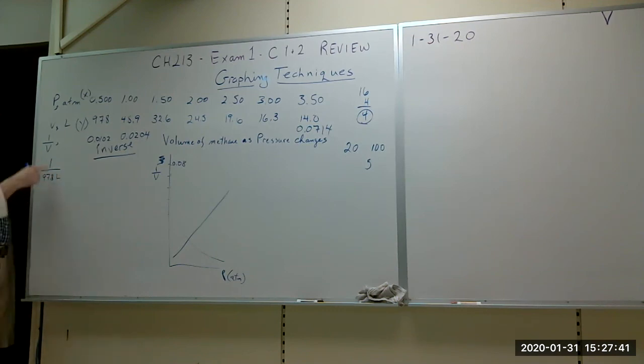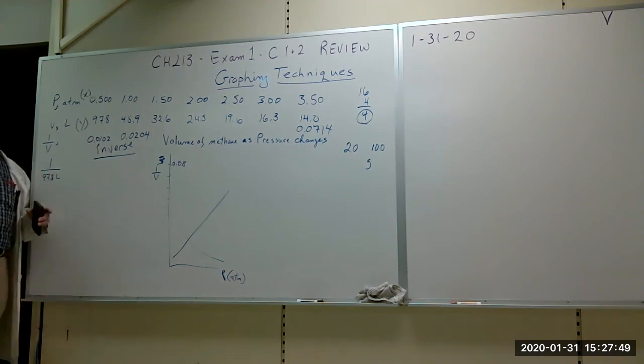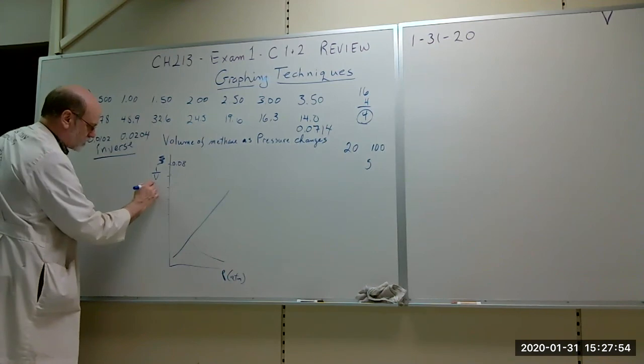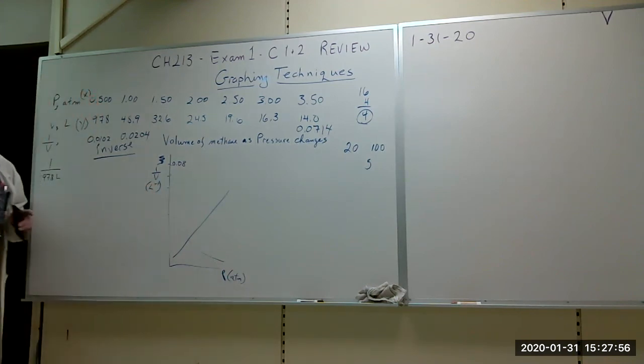So we took the inverse of this, but we also took the inverse of the liters. So how do we express liters as a unit of measure? Inverse of liters as a unit of measure. Liters to the -1. Right? Now, -1 means inverse. So that would be your unit of measure.